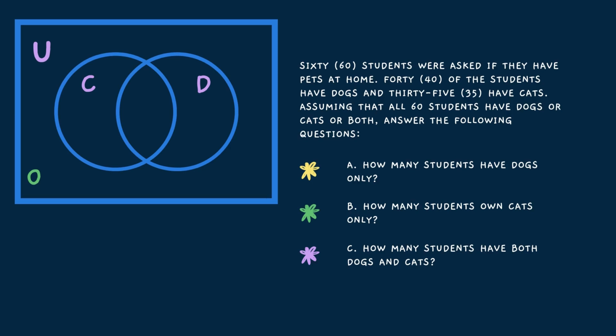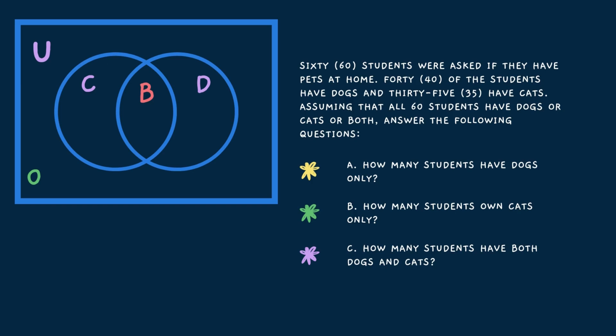Next, let us name the intersection of the two sets as set B. Okay, with this, take note na yung set C, nare-represent niya na lang yung mga students na may alagang cats only. While set D is the set of students na may alagang dogs only.